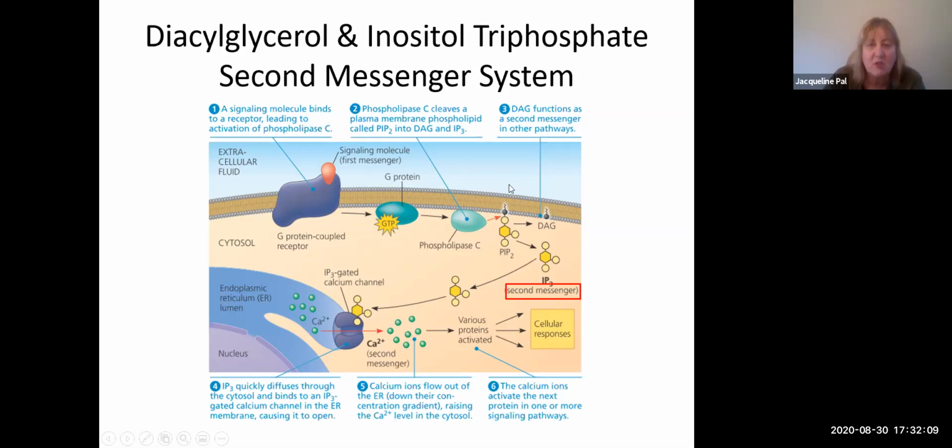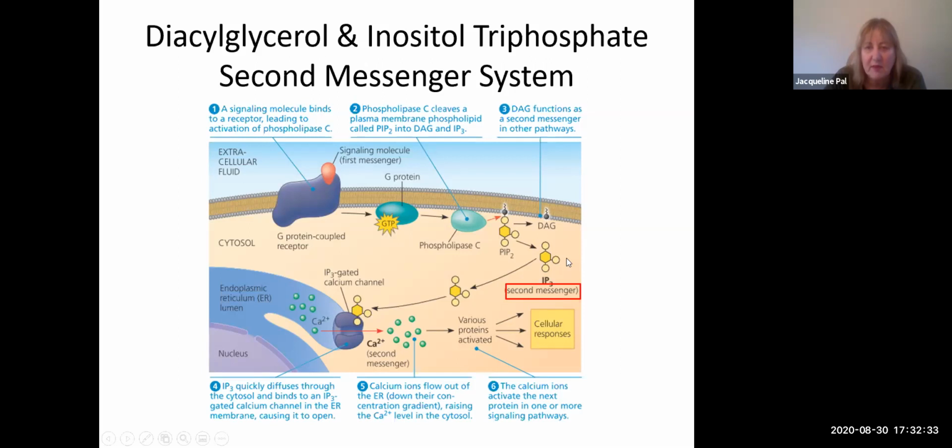Phospholipase C is now going to act on PIP2, which I think you clearly can see is a peripheral protein on the inner portion of the phospholipid bilayer. It cuts it right here, which leaves DAG still attached, which can act as a second messenger in other pathways we're not concerned about today.